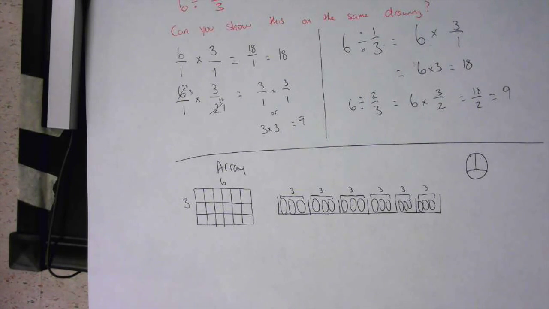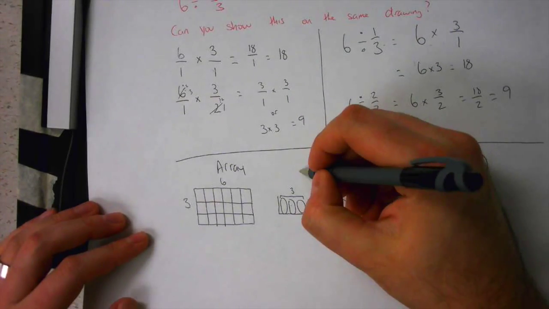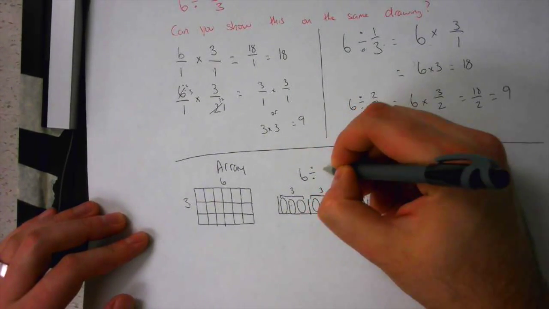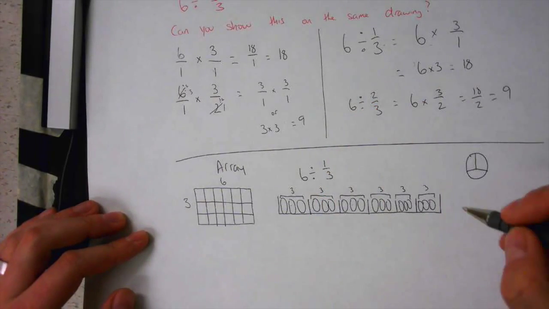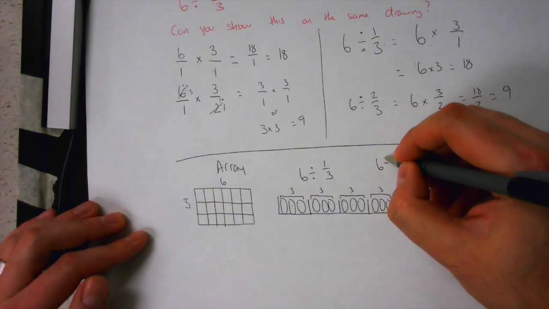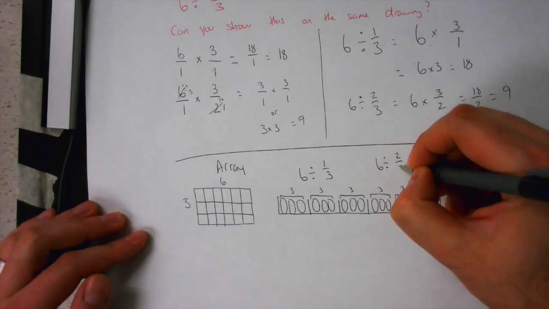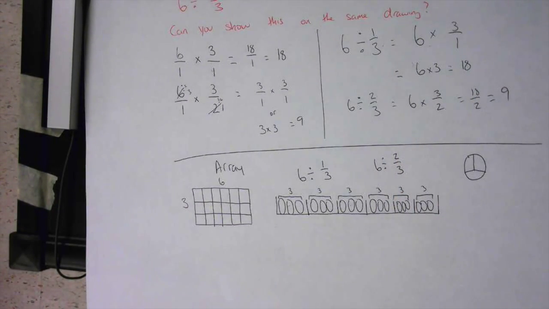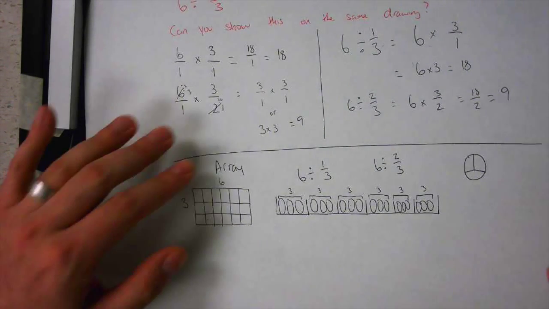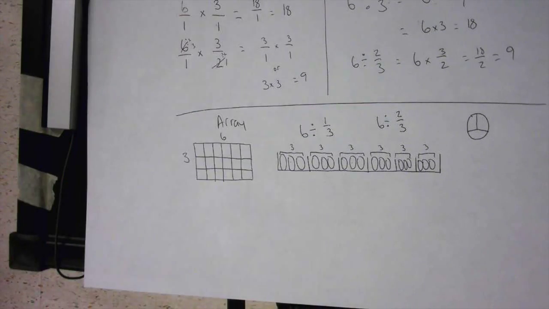Now with this explanation right here, can we describe, so this one here is 6 divided by 1 over 3. Can I do 6 divided by 2 over 3 using the same graphic? Is it possible? What do you guys think? Is it possible? I see a hand here.